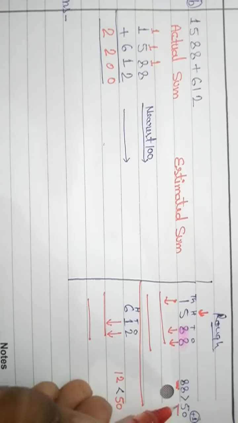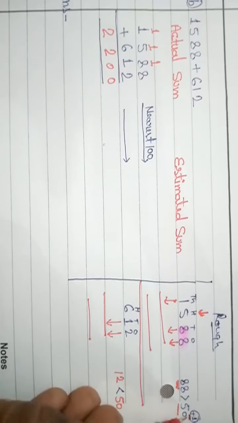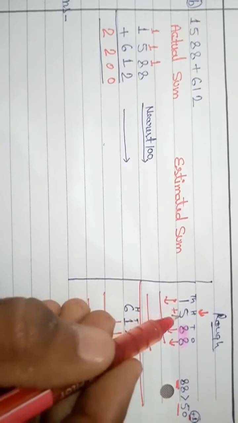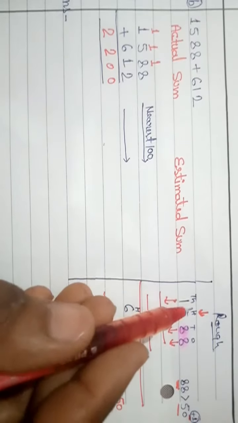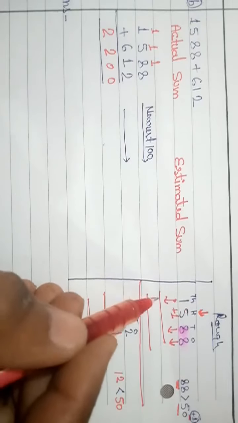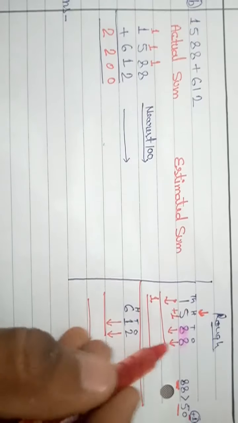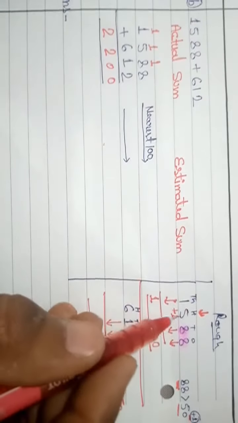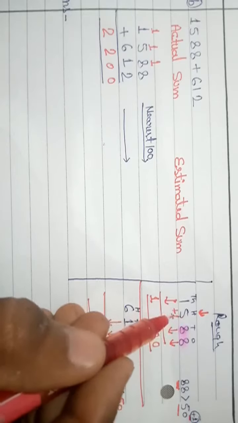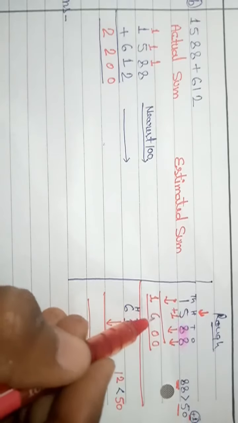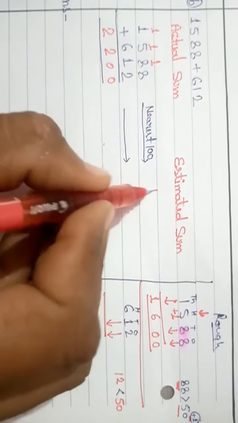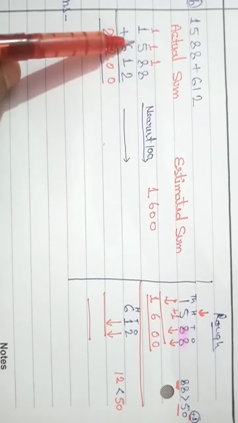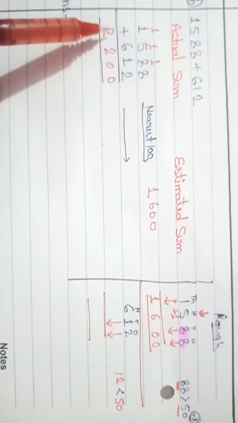So if it is bigger, we give +1 to our target digit. We add 1 in the target place, the left hand side number stays the same, and the highlighted digits become 0. Now target 5 and 1, 6. So 1600 is the nearest 100 of 1588.